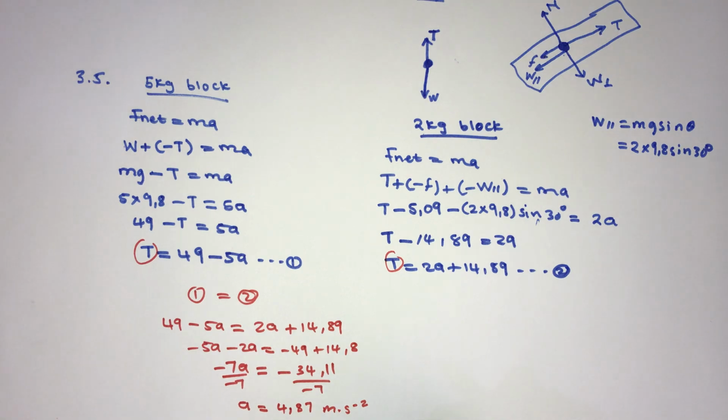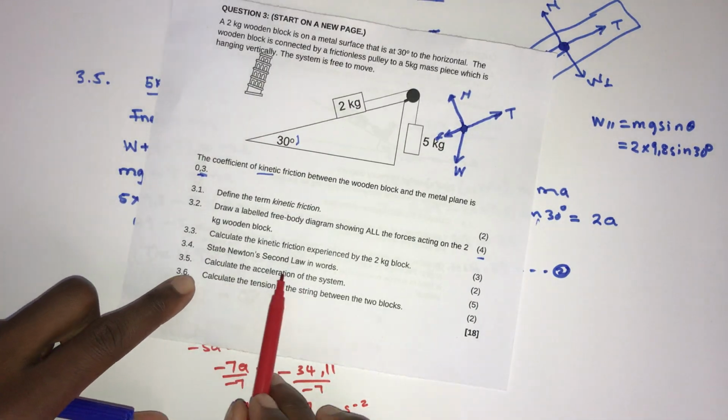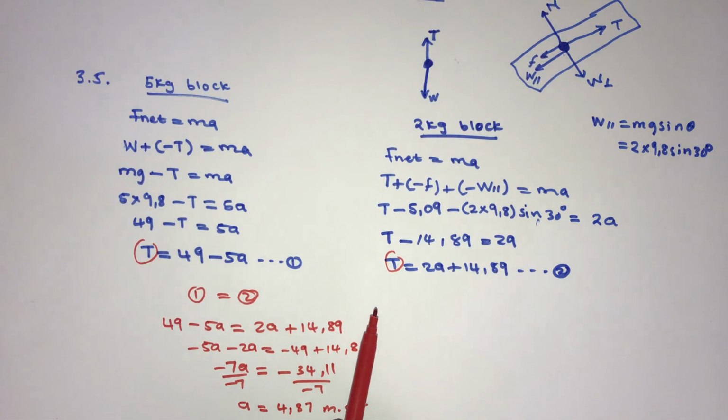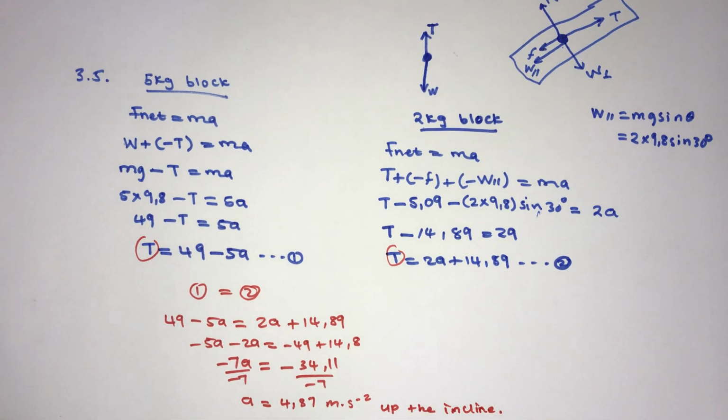Then the question said calculate the acceleration, so we must also include the direction. So it's 4.87 meters per second squared up the incline. So this is the acceleration of the system.